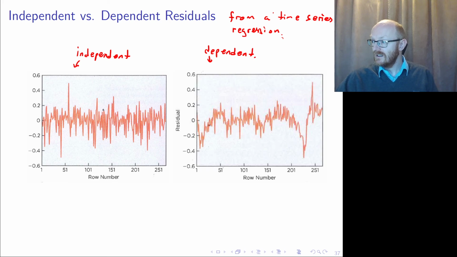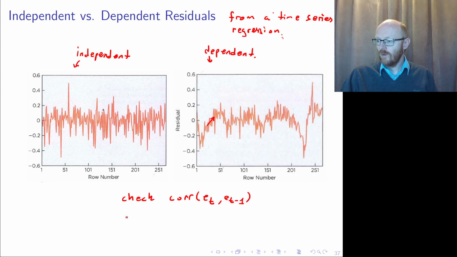Because here you see that you get kind of trends in your residual plot, and if you do that, then you should check the correlation of the errors on its own lags, or the Durbin-Watson test if you have no lags of y.